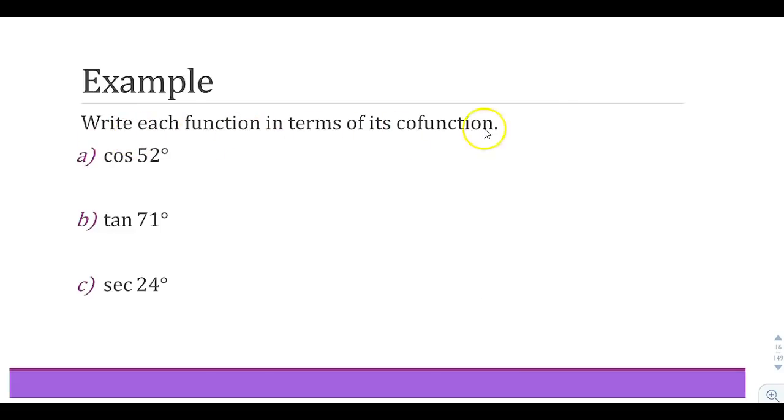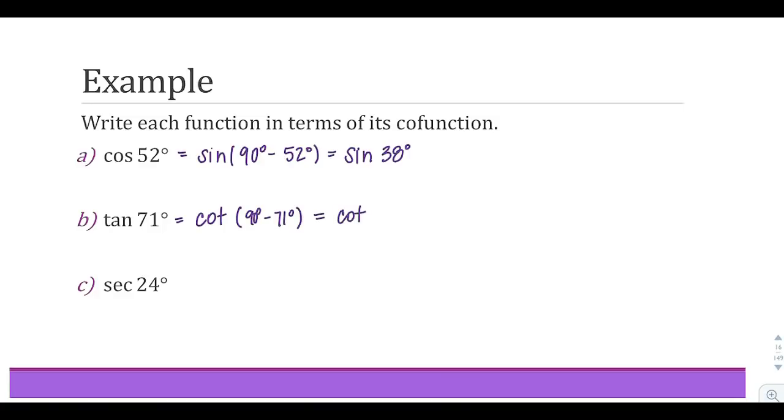Write each function in terms of its cofunction. So first we have cosine of 52 degrees. So we go to its cofunction, the sine function, and we write sine of 90 degrees minus 52 degrees. So it's the same as sine of 38 degrees. For tangent, we go to its cofunction, cotangent, of 90 degrees minus 71 degrees.